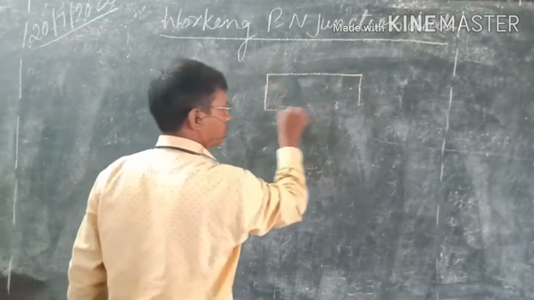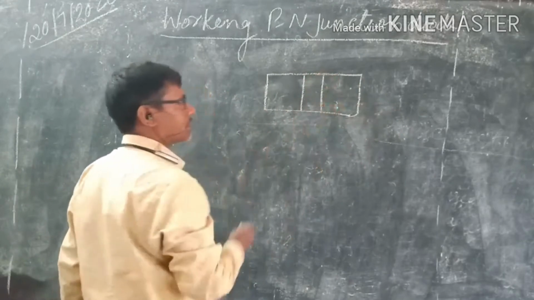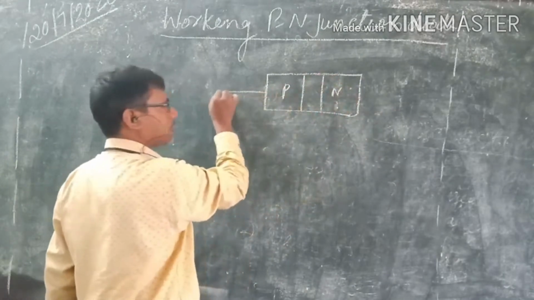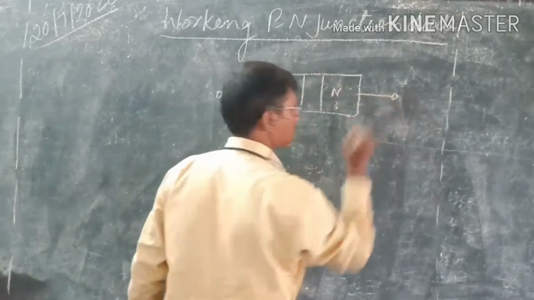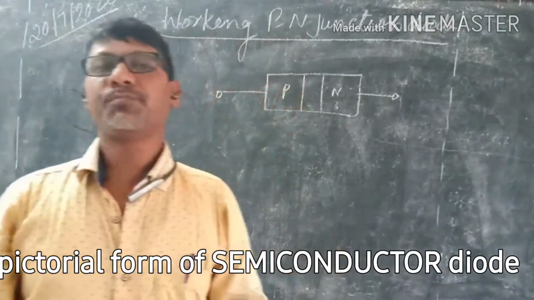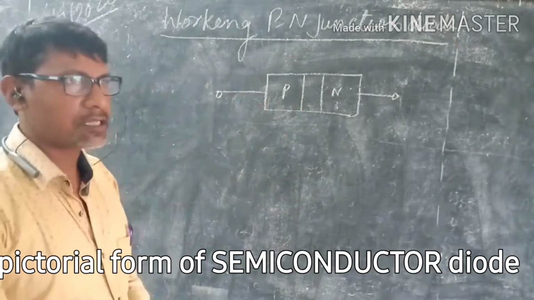As we have discussed, this is the theoretical diagram of the PN junction diode. It has two terminals. A diode is a two-terminal semiconductor device, the simplest of all the semiconductor devices. Why is it called a diode?